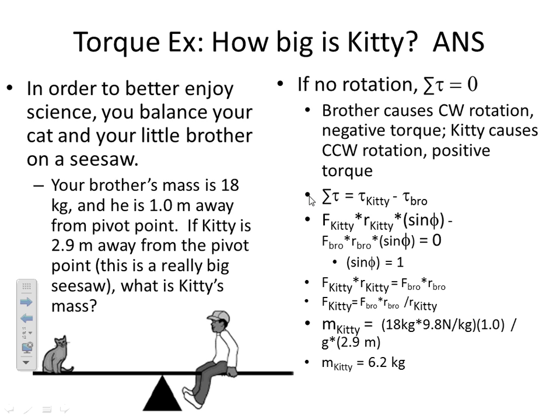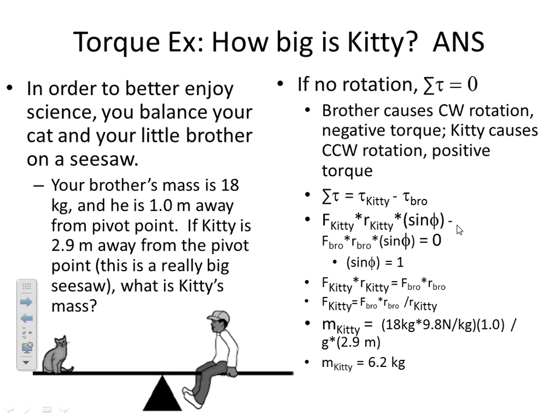Okay. However, to make sure we truly understand that, let's do a sum of the torques equation. There's no rotation, so the sum of the torques, doing it just like the sum of the forces, is torque of Kitty minus torque of your brother. We already mentioned how phi is going to be 90, so sine of 90 is 1.